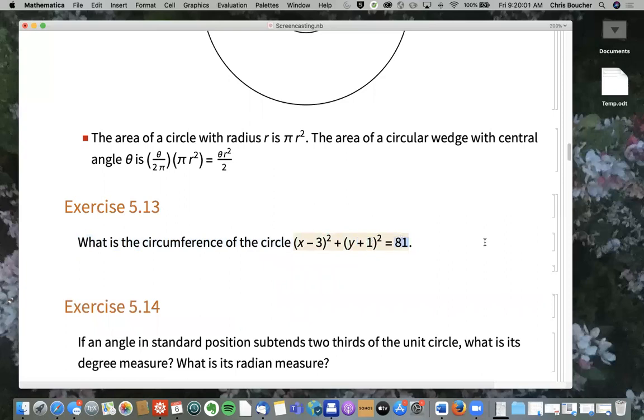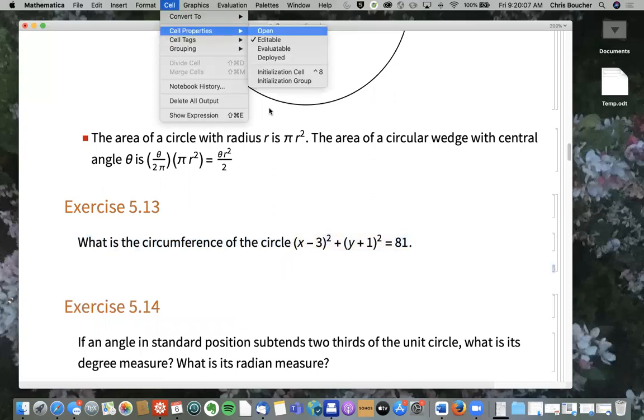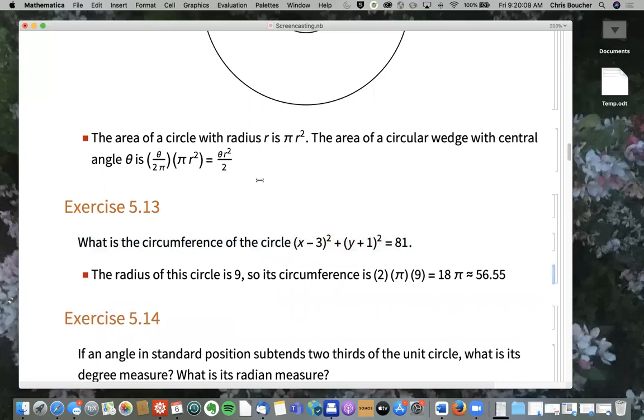And I know the radius: r squared is on the right-hand side, so the radius must be 9. If the radius is 9, then the circumference is 2 pi times 9, or 18 times pi, which on my calculator comes out to about 56.5.